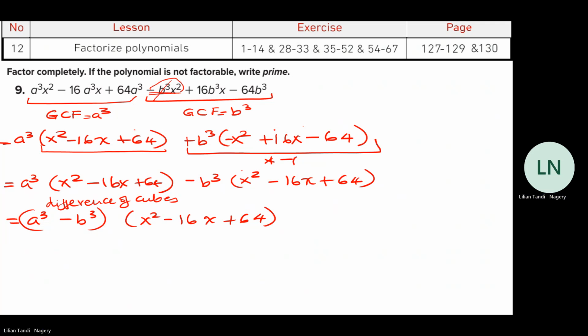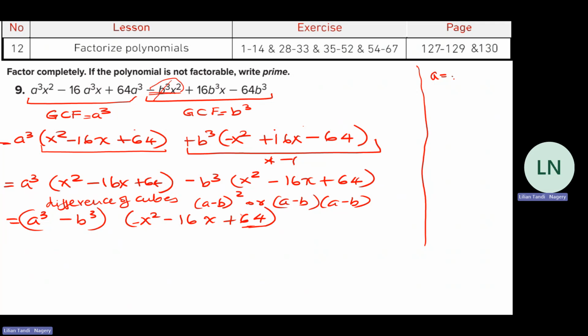Now, this is a minus b squared, or a minus b, a minus b. How do I know? This is a perfect square and this is a perfect square. So my a is 1 and my b is 8. Let's do that here on the side.